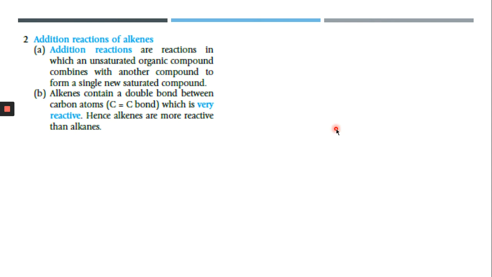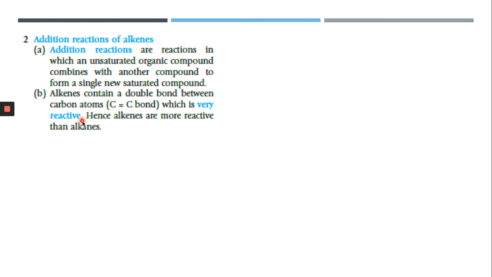What is meant by unsaturated just now is it has the presence of a double bond, carbon-carbon double bond. But the thing is that carbon-carbon double bond is very reactive. Very reactive means it can react with any compound yang kita tambah.